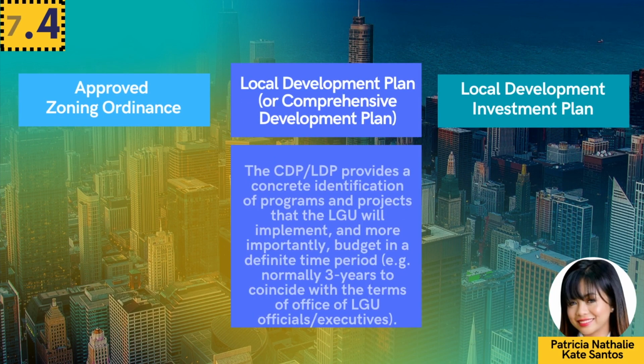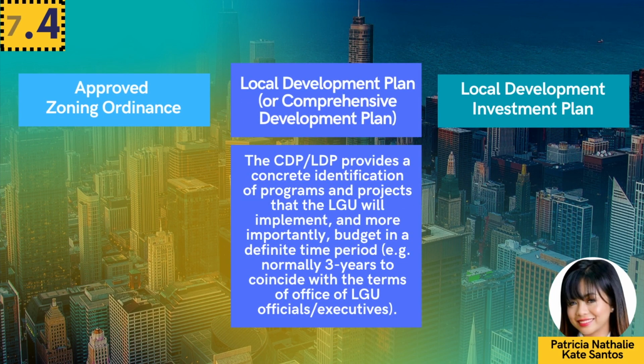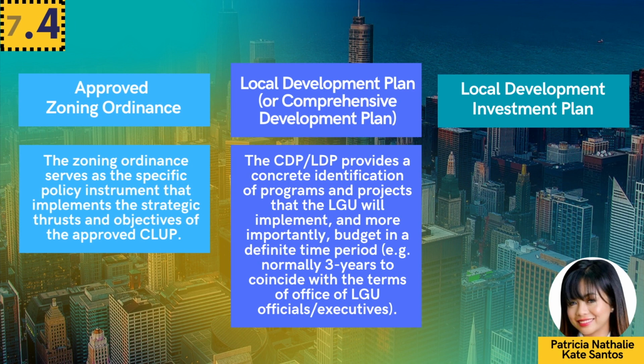The CDP or the LDP provides a concrete identification of programs and projects that the LGU will implement and, more importantly, budget in a definite time period, normally 3 years to coincide with the terms of office of LGU officials or executives. So the zoning ordinance serves as the specific policy instrument that implements the strategic thrust and objective of the approved CLUP.